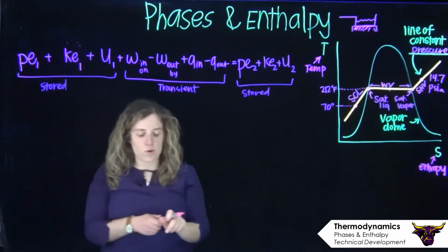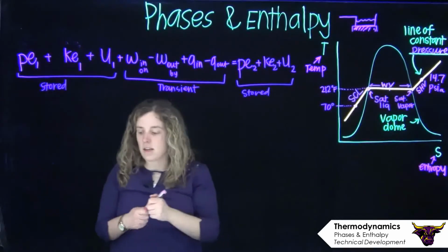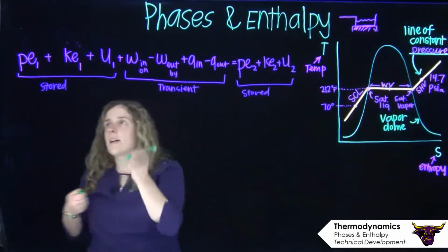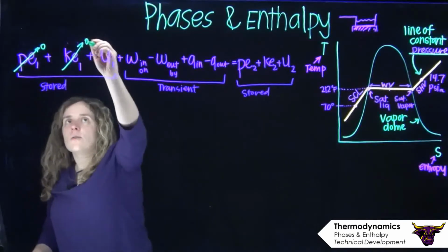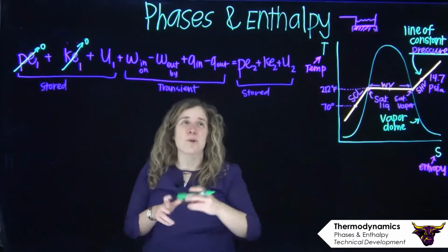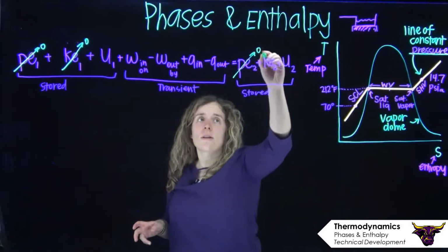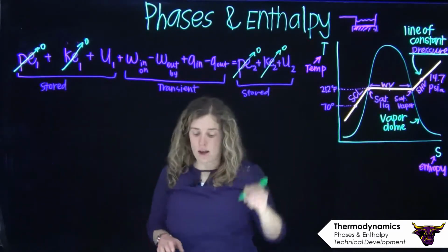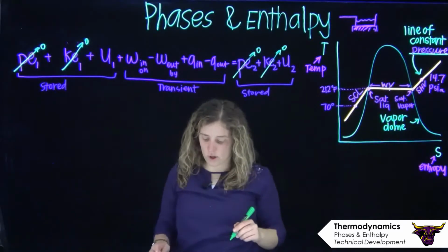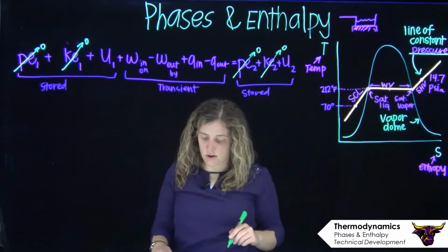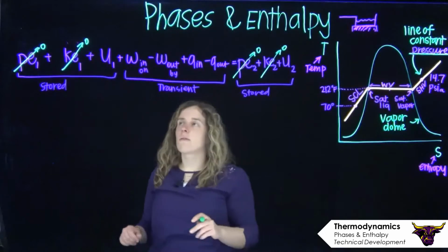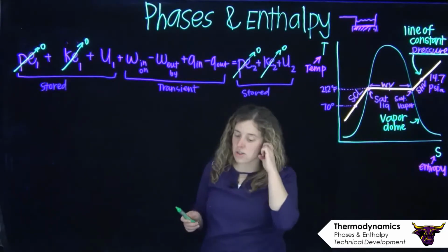And in thermodynamics, the nice thing is potential energy and kinetic energy are usually really small, really negligible. So we can just get rid of potential energy and kinetic energy. That's going to be our first takeaway.